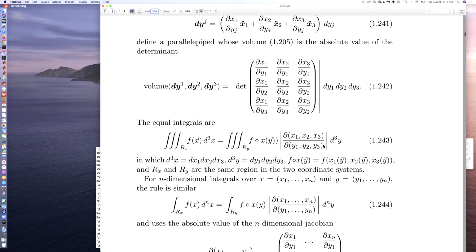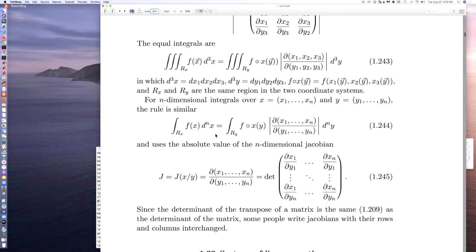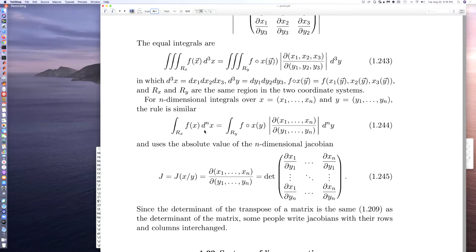And so the formulas then are like this. And for n-dimensional integrals, you have dxn equals dyn times the absolute value of the Jacobian. And this is then the Jacobian.